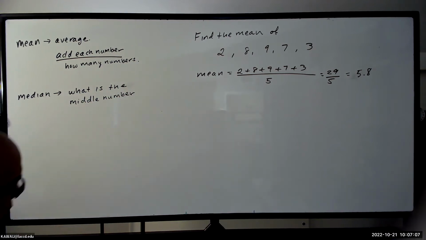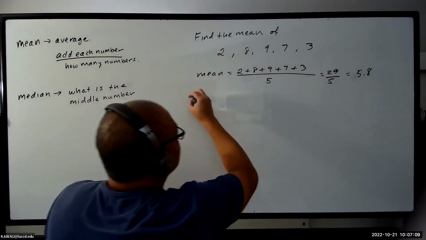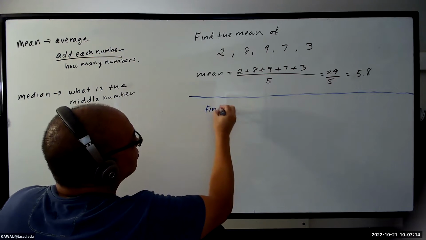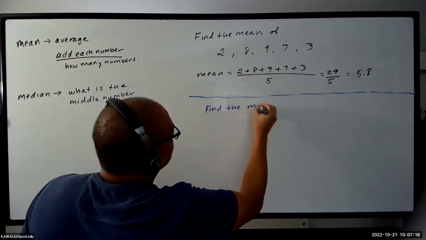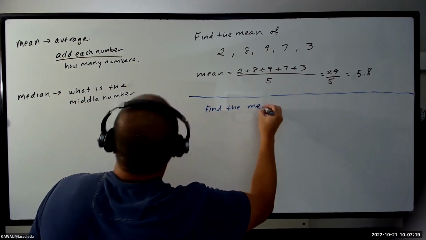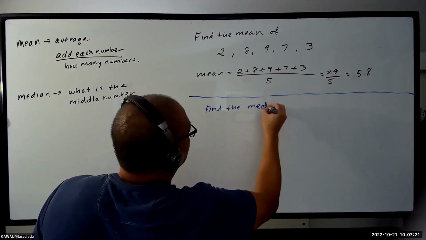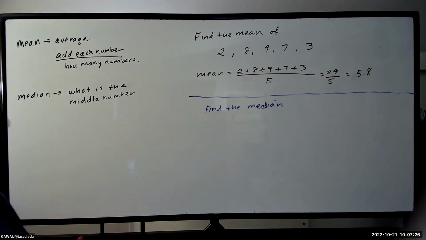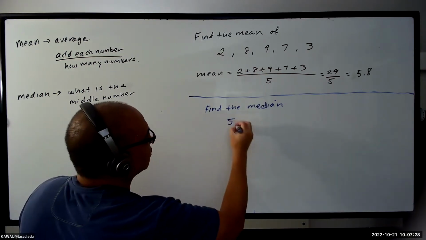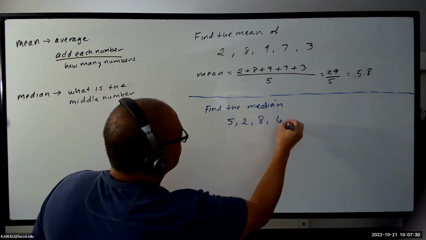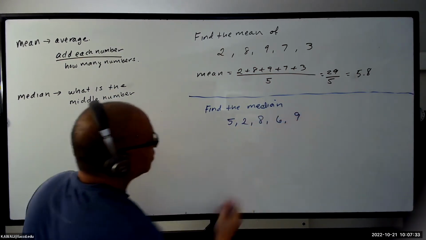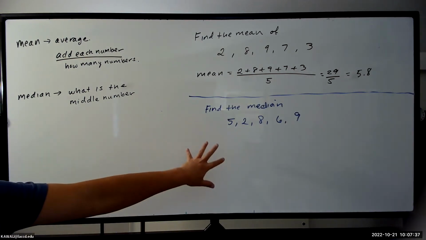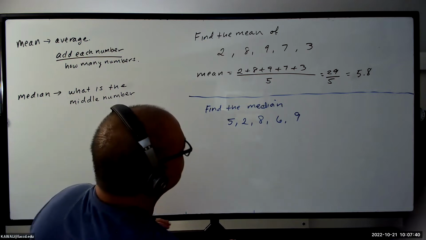The first difficulty is that a lot of times the numbers are not sorted. So we're not asking for the middle number of some random list. We first have to sort the numbers.